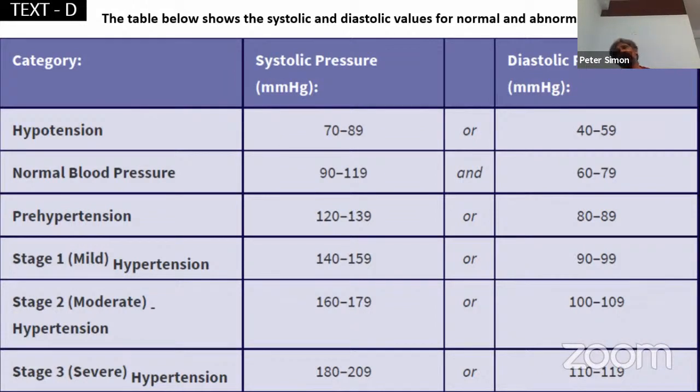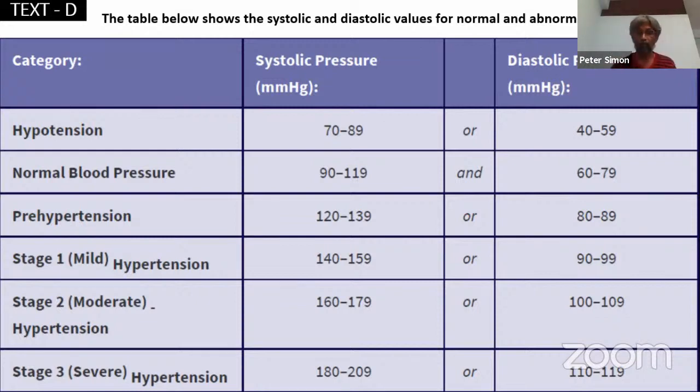That is why answers are easily discovered, because they are organized. See, 70 onwards, slowly increasing to 180, 200. Hypertension also: mild, moderate, and severe hypertension. It is going in an organized way, so it is easy for you to understand.